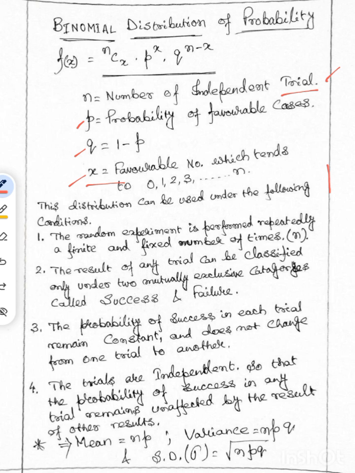Next, again the conditions. Point number 1, the random experiment is performed repeatedly a finite and fixed number of times. That is called n. Point number 2, the result of any trial can be classified only under two mutually exclusive categories called success and failure.